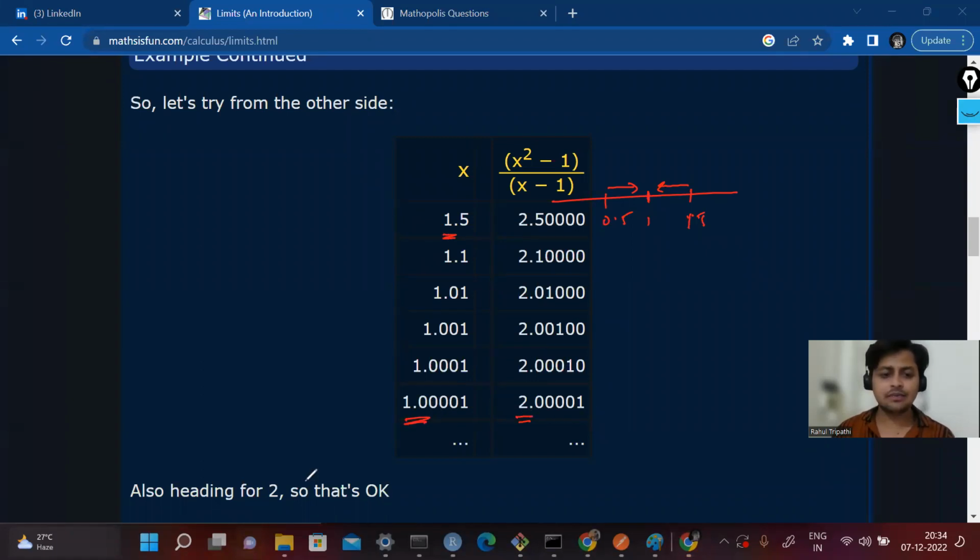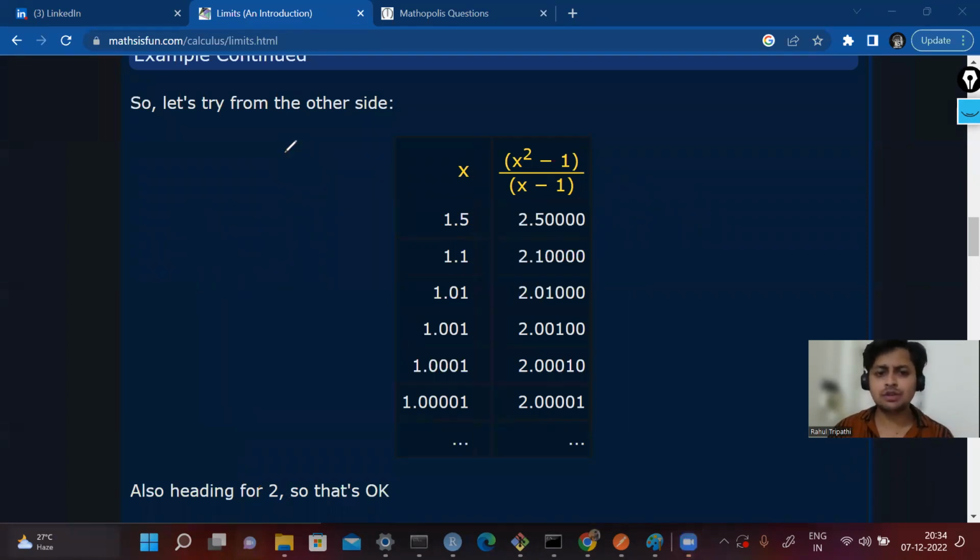So we are also ending with 2. That means the left hand limit and right hand limit are equivalent. If x is approaching 1, that particular function is generating output 2. Hope now you got my point.